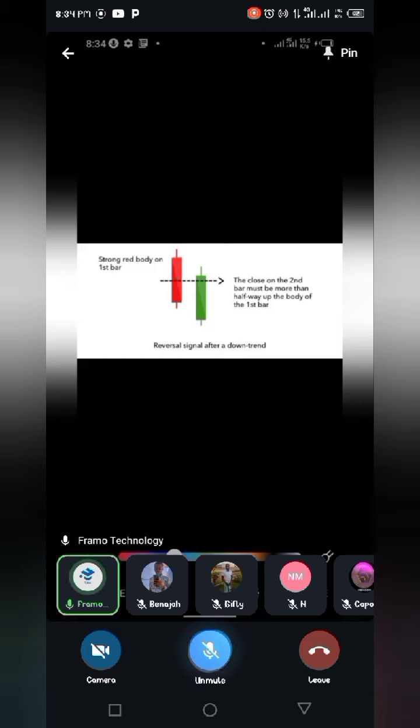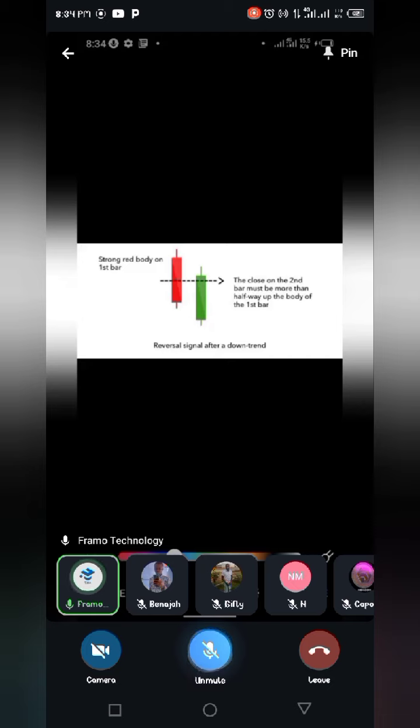So the arrow there is at half, indicating that it has closed above half of the previous red candle. And you could see that the candles seem equal in size. But one unique feature about the piercing line is its gap. So you see a gap.